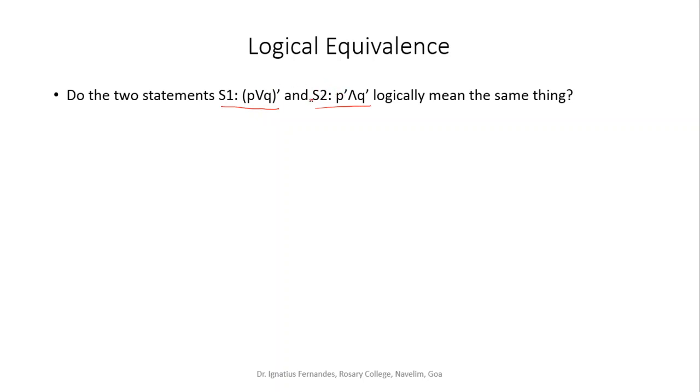We already discussed in the previous module how to write down the truth table for a given logical statement. So we do the same thing. To find out whether S1 and S2 are logically equivalent, we will write down the truth table for S1, write down the truth table for S2, and then compare the truth values. If the statements are equivalent, the truth values should be the same.